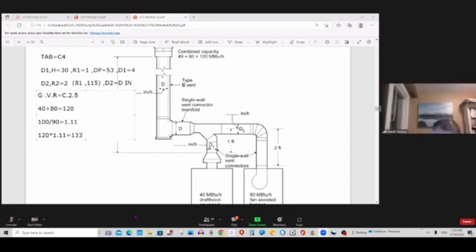133.2, okay? Now you go to common vent, okay? Common vent under DP fan plus fan.